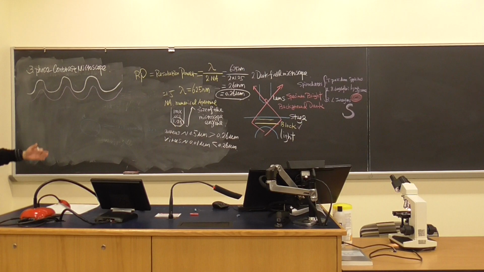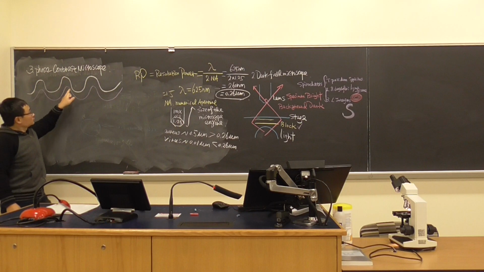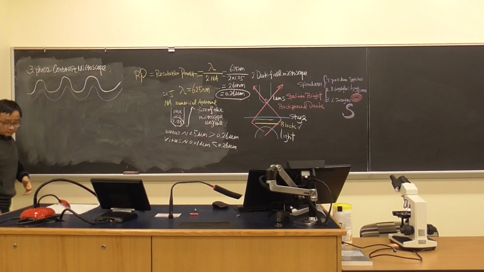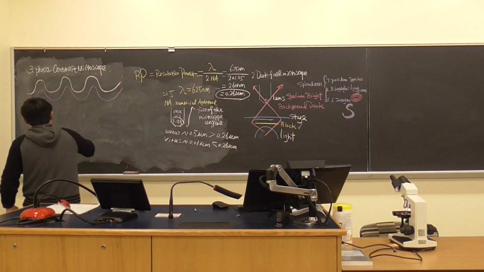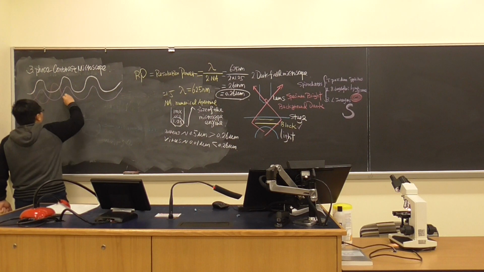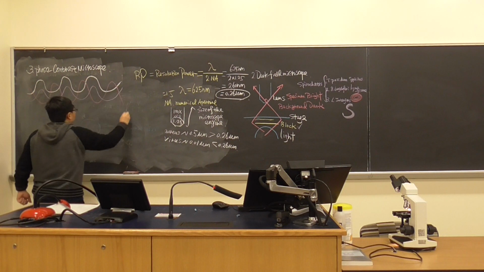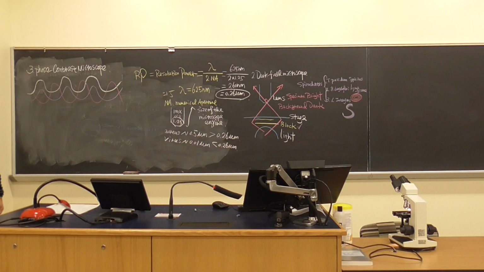It will become very light because two peaks overlapped. If I have a wavelength like this, what will happen? It will become dark because the peak and the bottom interacted.